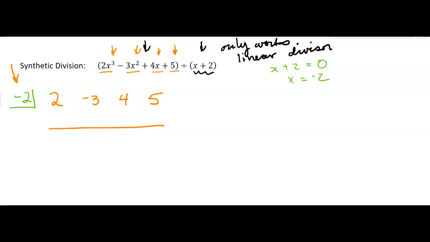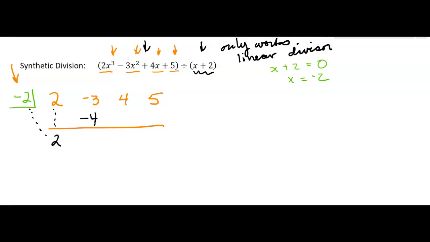All right. Now we're going to start the synthetic division. The first term always comes straight down. Okay? 2. Then you multiply that by the box. So 2 times -2, and you get -4. So it scoots over a column. All right?